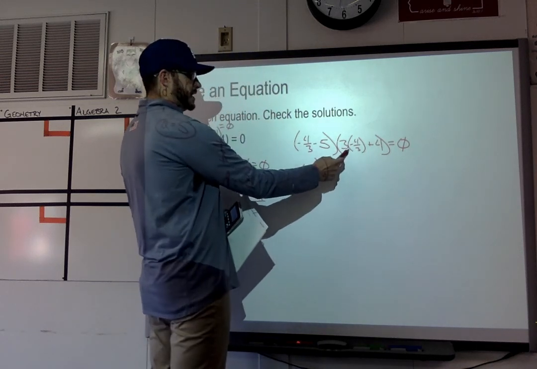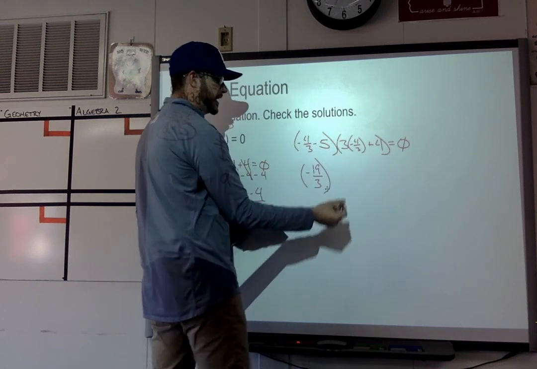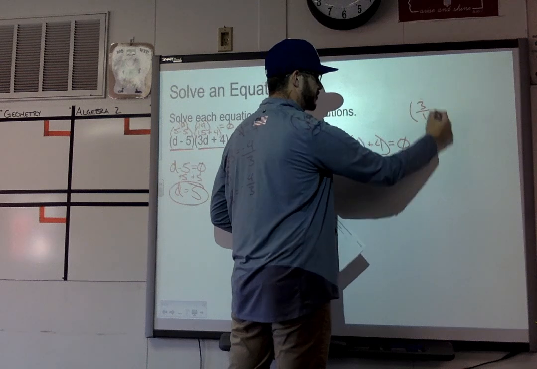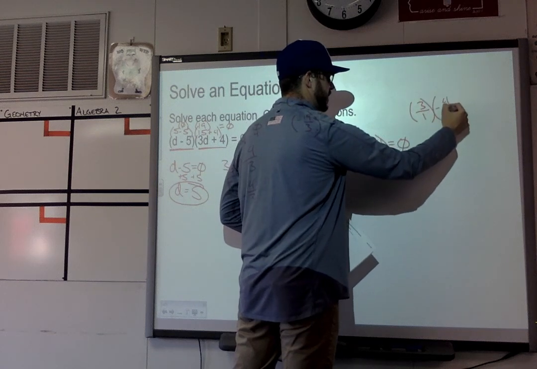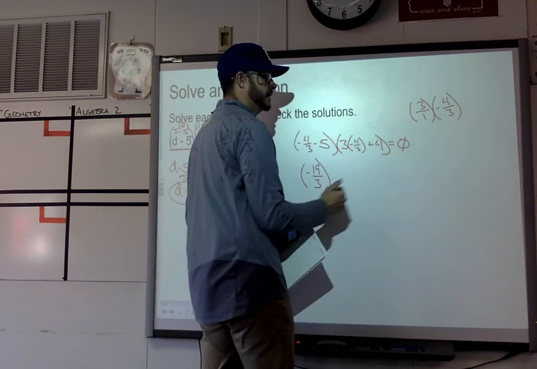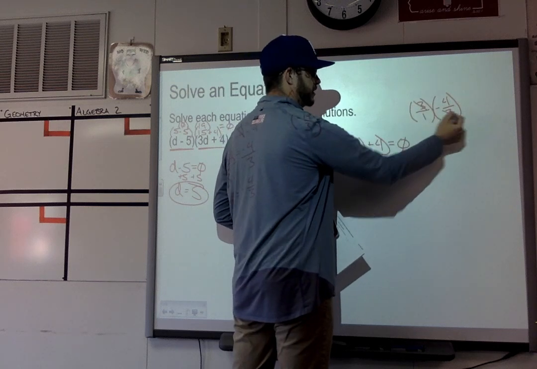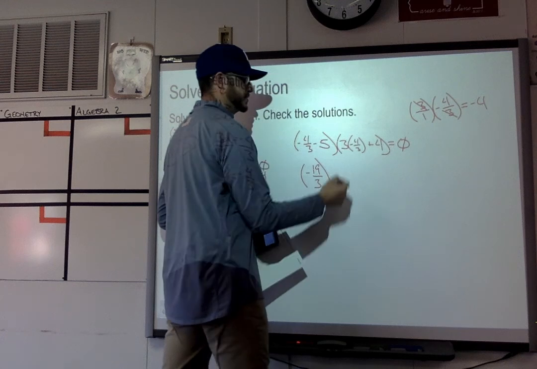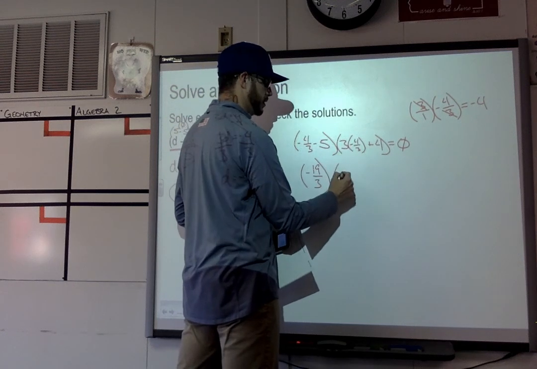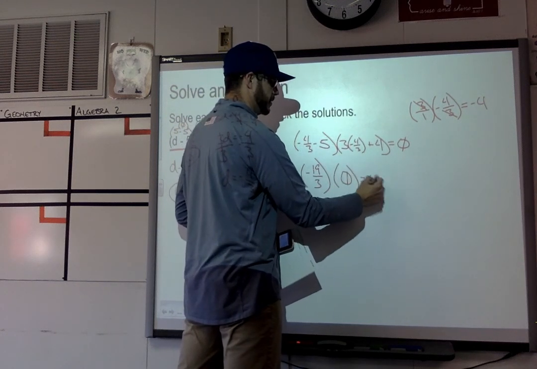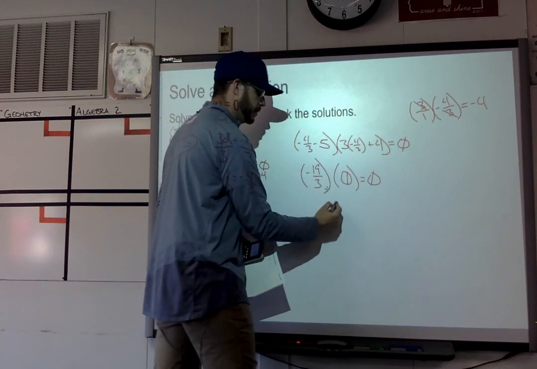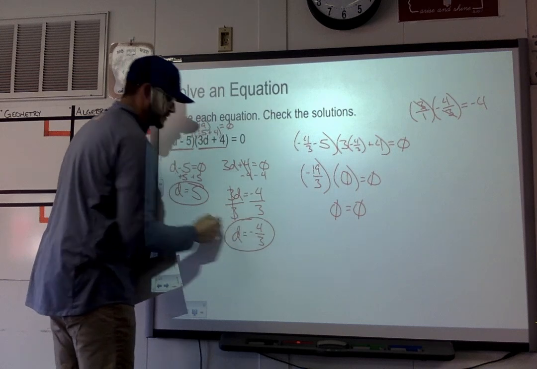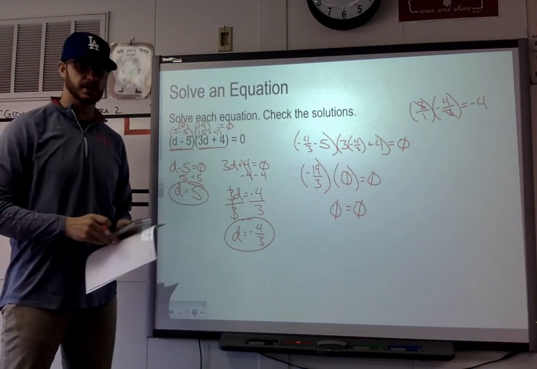And then in this case, 3 times negative 4/3. If we have 3 over 1 times negative 4 over 3, we can simplify. Our 3's cancel. We're left with negative 4. So negative 4 plus 4 gives us 0. When we multiply, we would get 0 equals 0. So this solution does work.